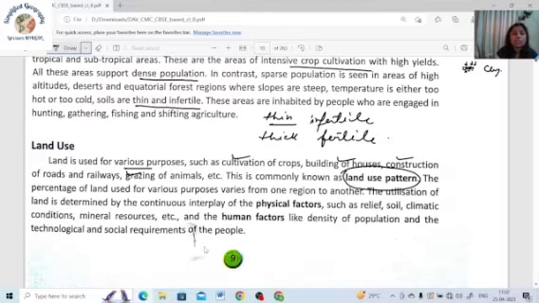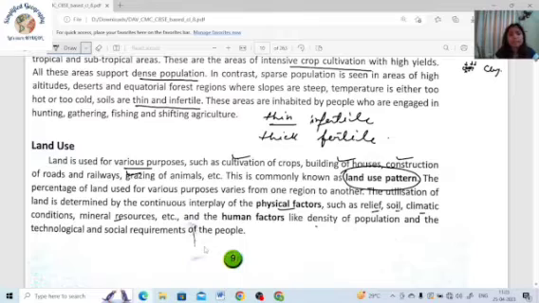The utilization of land is determined by the continuous interplay of physical factors such as relief, soil, climate, mineral resources, etc. On land which is full of minerals, people come up with industry. If the land is completely infertile, people can come up with other types of job opportunities. A land with agricultural possibilities, agro-based industries can be set nearby. So this is how land use can be different from one place to another.